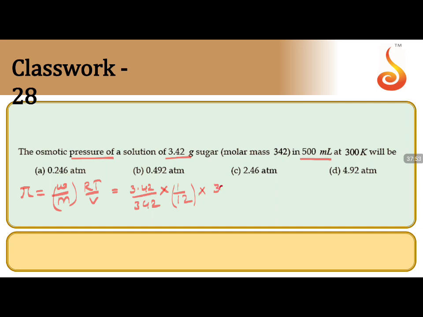T is given 300 by V, which is going to be 0.5 liters. Approximately, if you see, this is going to be cancelled, and so 4 into 0.5 is 1 by 2, 0.5, close to 0.5 atmosphere. Which option is there? That is my answer. So option B is my answer.